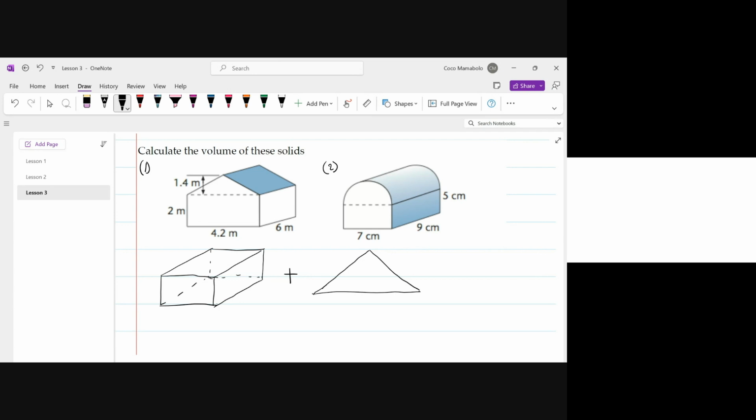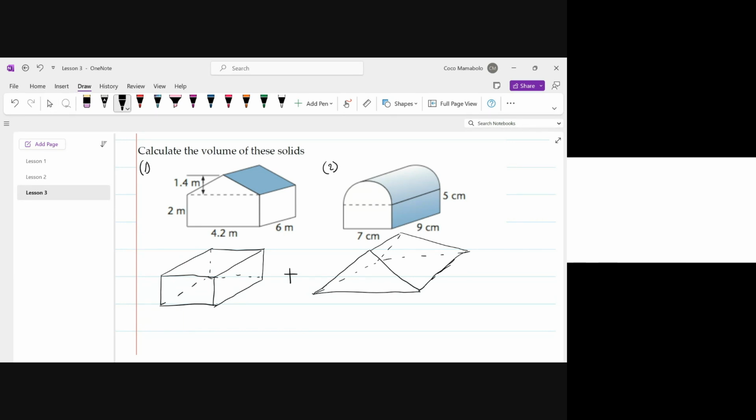Now the only thing that we're missing really is the dimensions of each of these, right? Let me just extend that backwards a little bit. There we go.